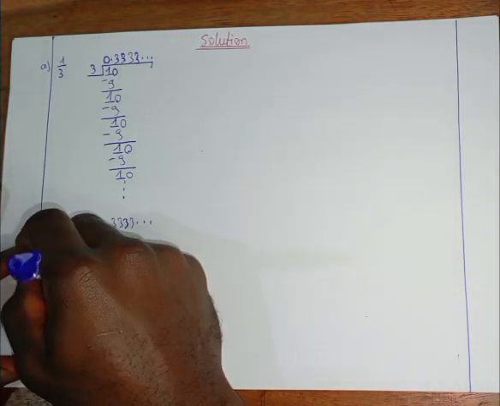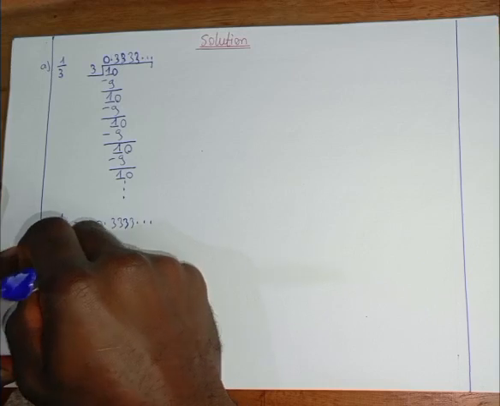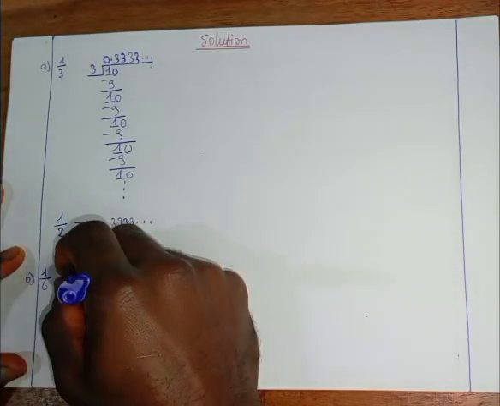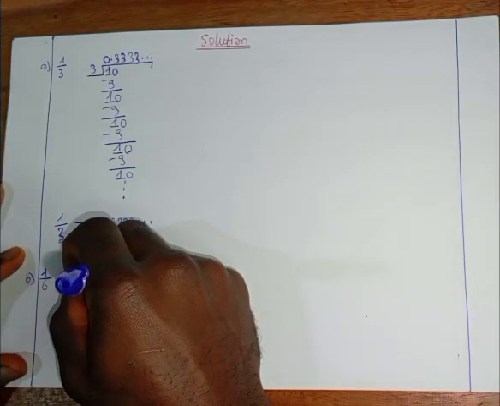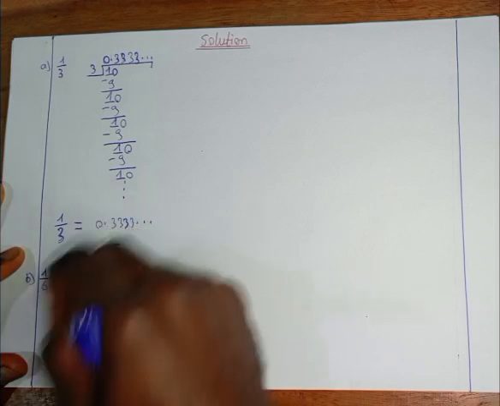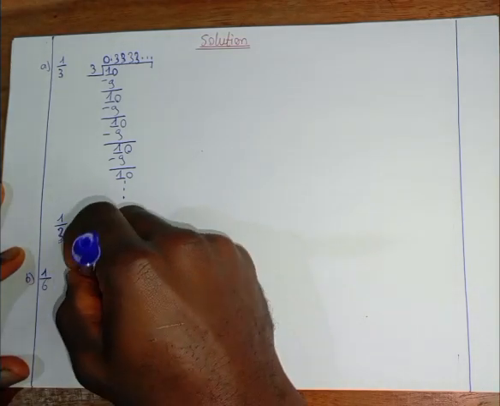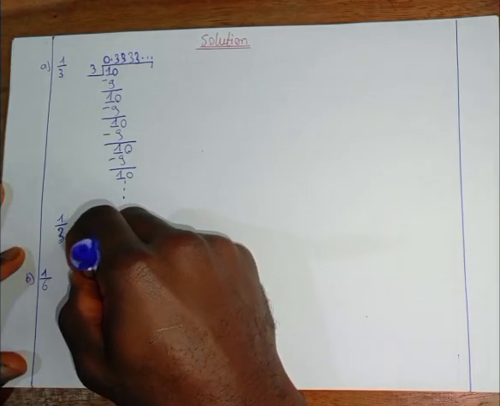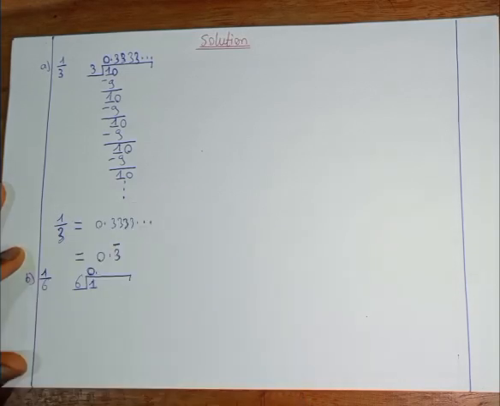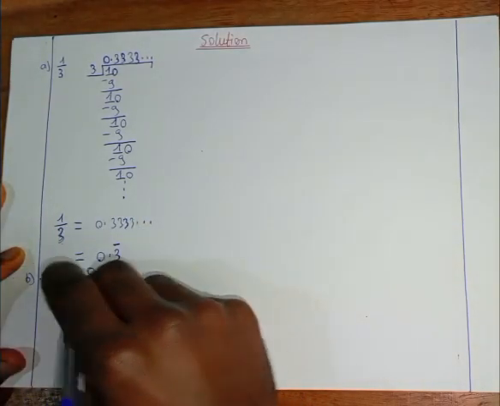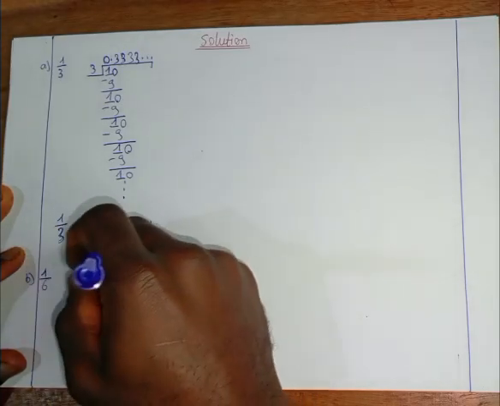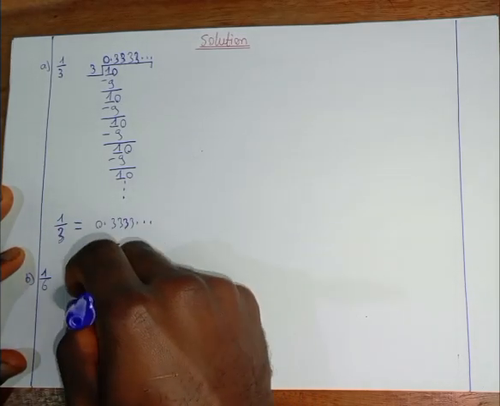For B, we have the fraction 1/6. We are going to send out 6. We bring in 1. 1 is less than 6, so we fix a 0 here for the whole number part. With the decimal point, we attach 0 to 1. This gives us 10. 10 divided by 6 gives 1. 1 times 6, 6.